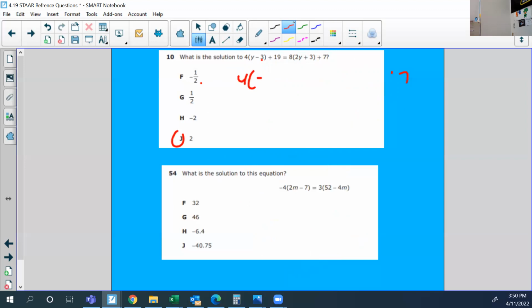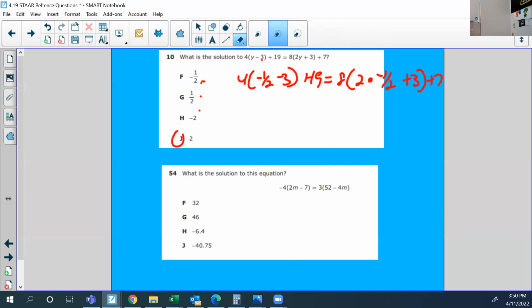So 4 times negative 1/2 minus 3 plus 19 is equal to 8 times 2 times negative 1/2 plus 3 plus 7. You can put that in the calculator, but that's a lot of time. You have to plug in each value to see which one is the right one. I think that's a lot of work. So if you just know how to do the distribution and solve for y, you'll be good. All right.